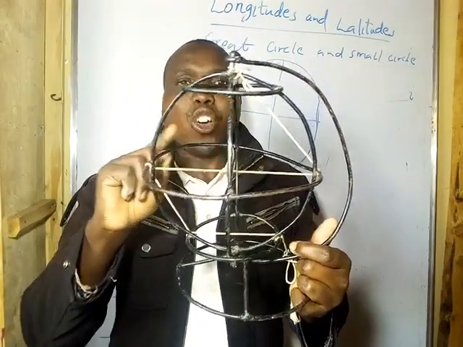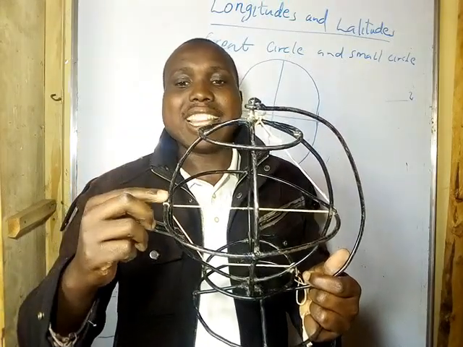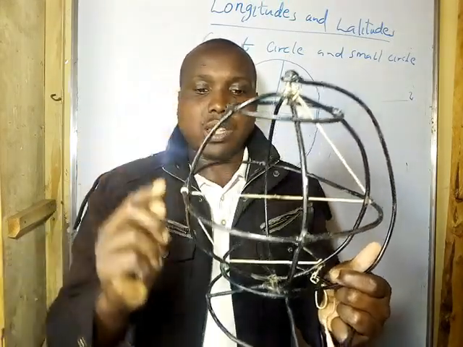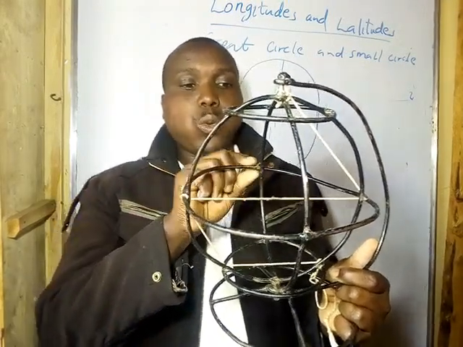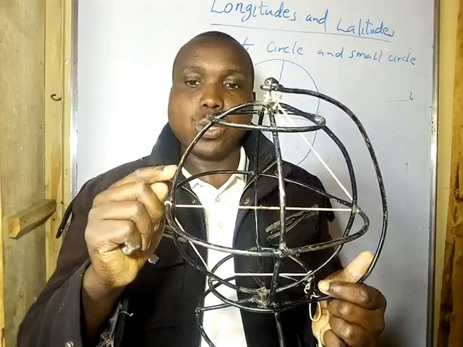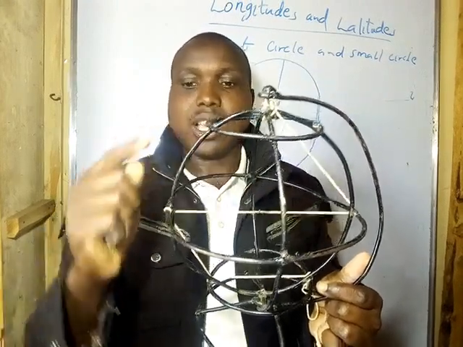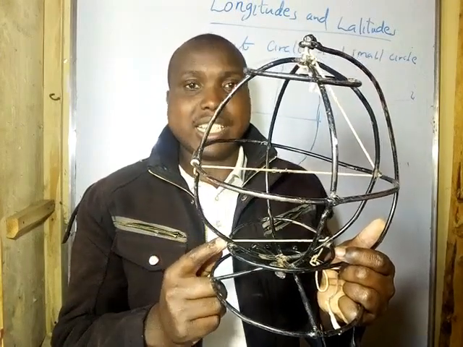The equator is the only latitude which forms a great circle. The other latitudes to the north and to the south are small circles. So the equator is 0 degrees. We have 1 degree north, 2 degrees up to 90 degrees north. And then we have 1 degree south, 2 degrees south to 90 degrees south.